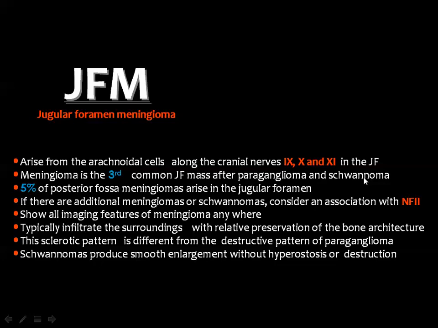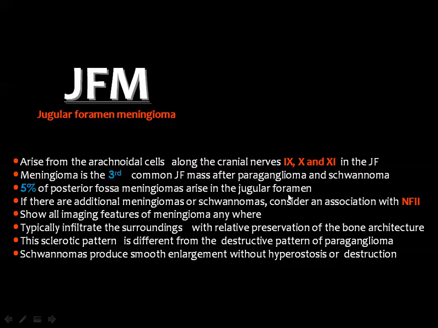Then if you see a jugular fossa mass, especially if it is associated with erosive or destructive changes of the margins of the jugular fossa, then you consider paraganglioma. Then you may consider schwannoma if the margins are smooth, and meningioma if you see some of the criteria of meningioma. Then 5% of posterior fossa meningiomas arise in the jugular fossa.